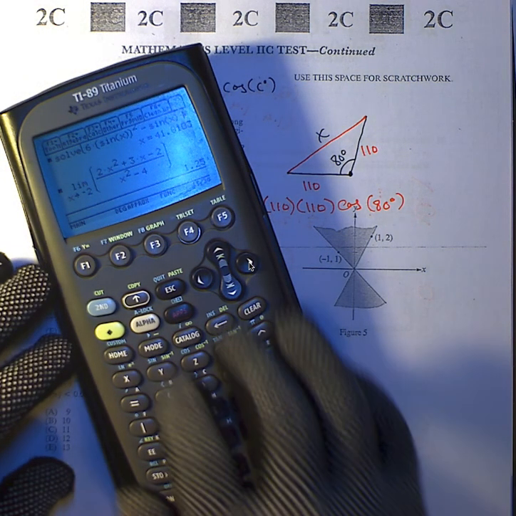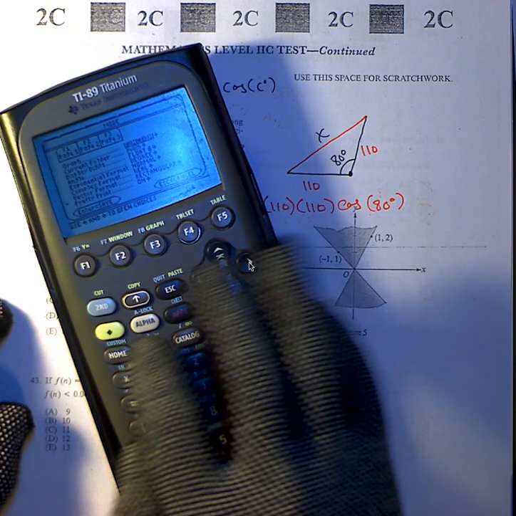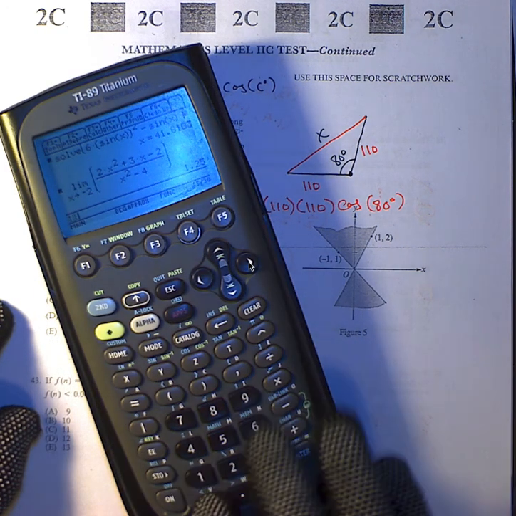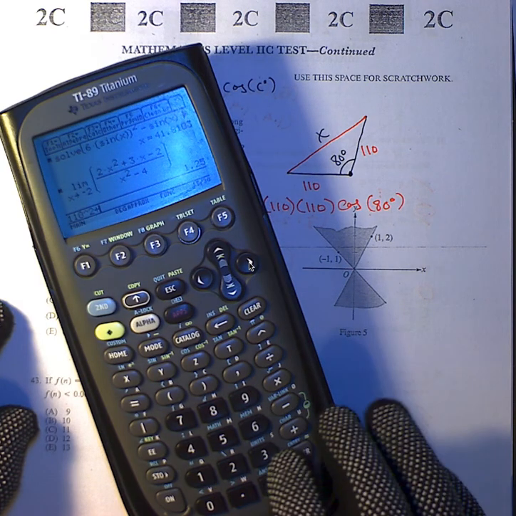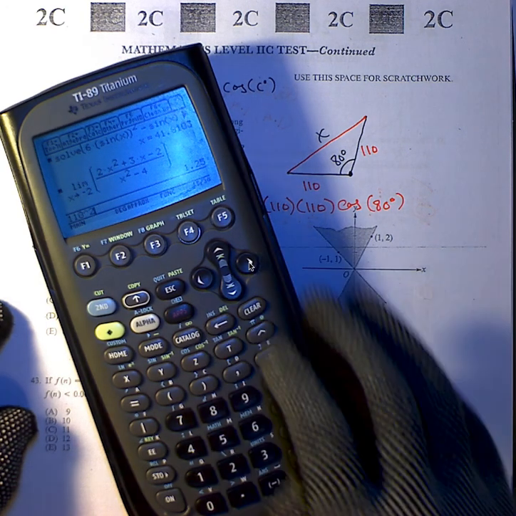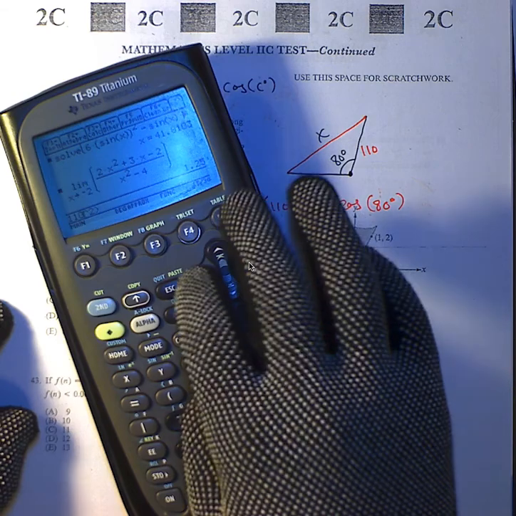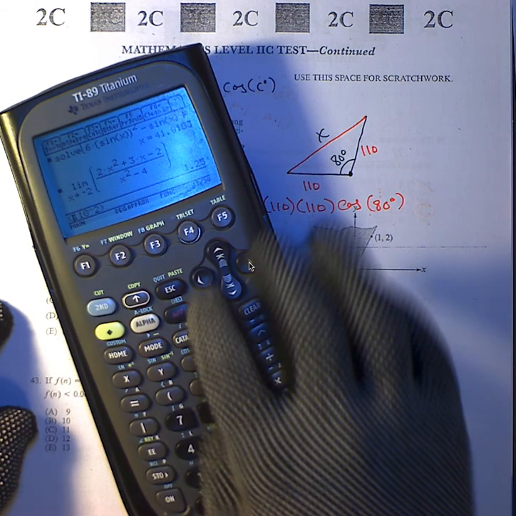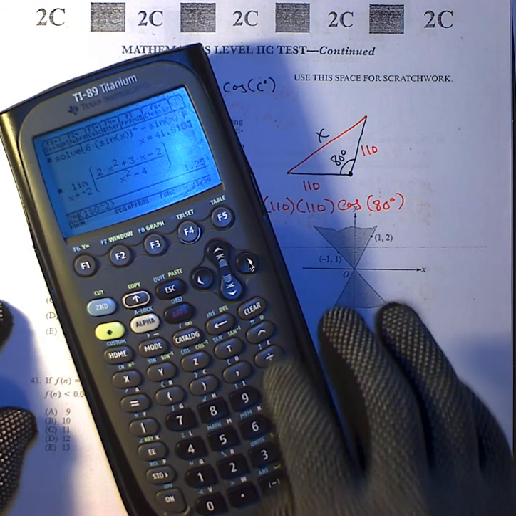So do this in your calculator, and don't forget to take the square root, and then you'll get the answer. Let me make sure we're in degree mode. Yes, we are. So I do 110 squared plus 110 squared, so I could just do 2 times 110 squared.